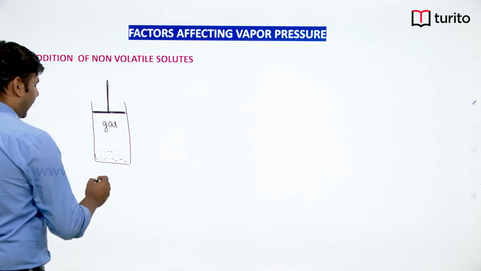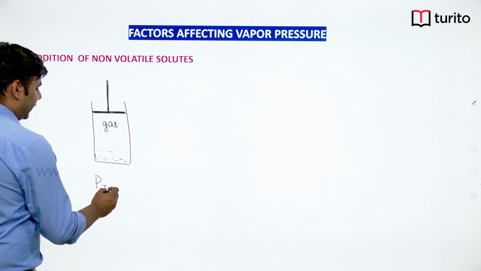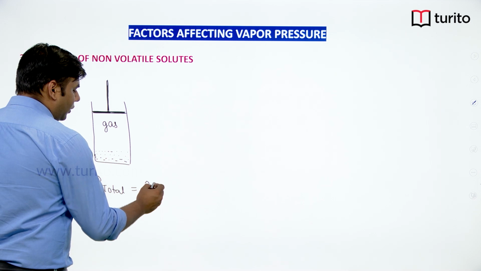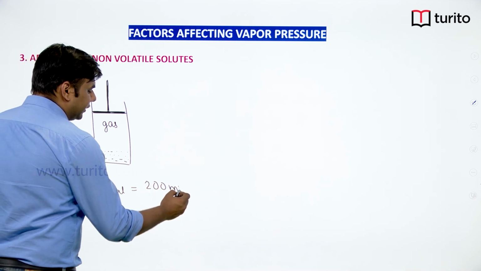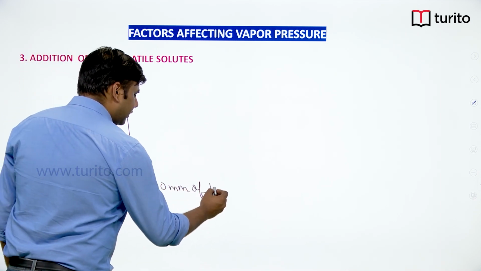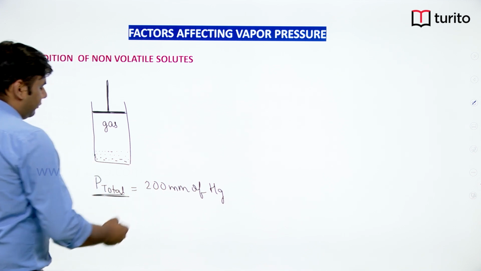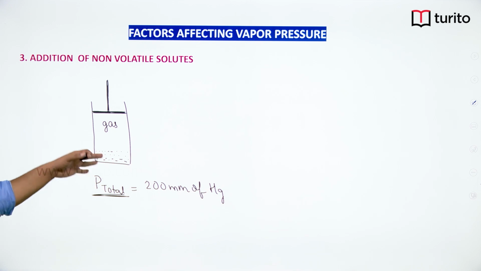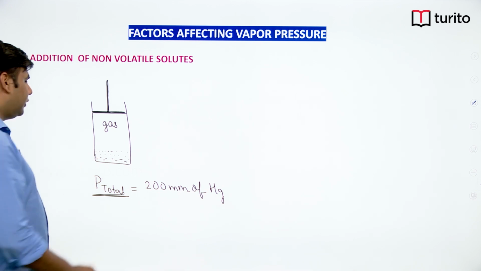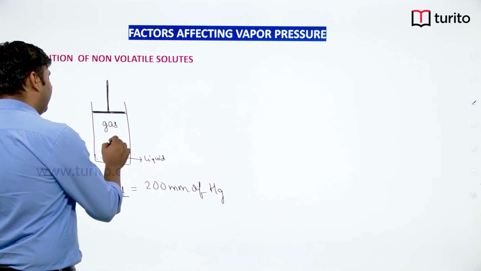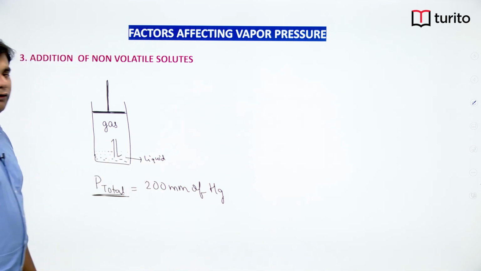It has been told that the total pressure developed inside the container is, suppose, 200 mm of Hg. So the total pressure inside the system is 200 mm of Hg. Now there is a gas inside, so the gas molecules will exert pressure. Because there is also liquid water, the liquid water will evaporate and form some vapor.